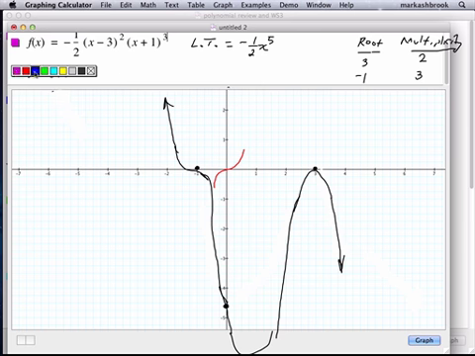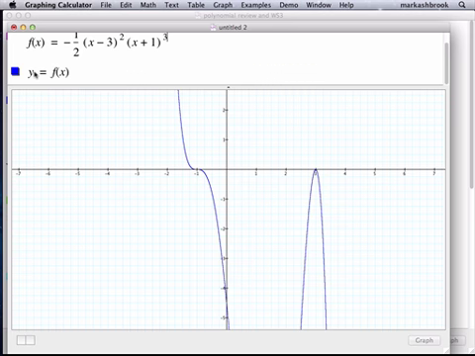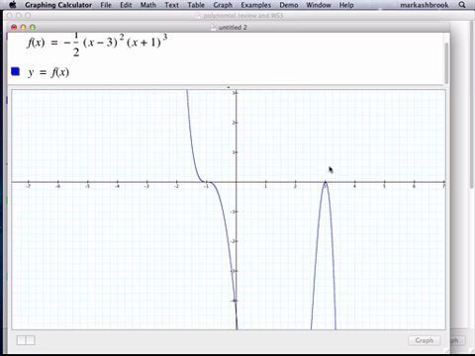I'll do it in blue. How do we do? We got it. This looks just like a parabola, x squared. This just looks like a cubic.